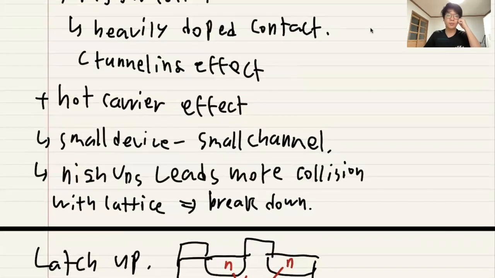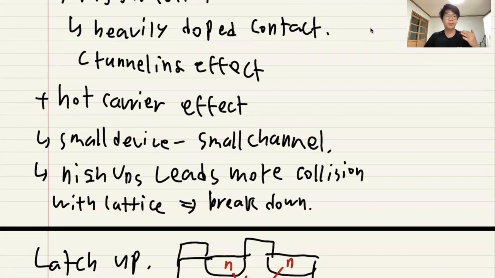To solve this problem, we use a heavily doped contact semiconductor, so that we can use the tunneling effect. And there is another problem, the hot carrier effect. The hot carrier effect means that at high VDS, drain to source voltage, which means a high electric field from drain to source, a lot of electrons collide with the lattice while going through the channel.